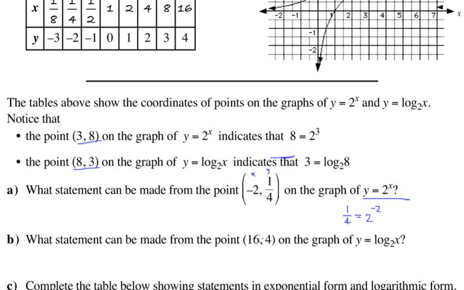And for the logarithm, that works as well. If you have 16, 4, that's an x value, that's a y value. You can plug both of those into this equation, y equals log base 2 of x. So the base 2 logarithm of 16 is 4.